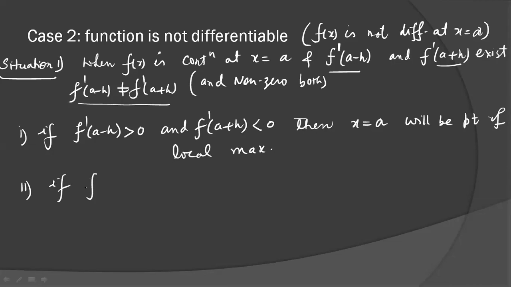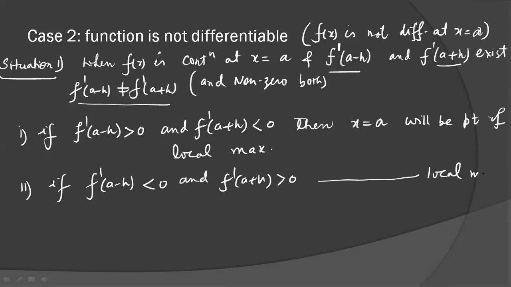Second, if the left hand derivative is negative and the right hand derivative is positive, then x equal to a is a point of local minimum. It means if both have opposite nature, then this situation can be handled. When both are not equal and non-zero and have opposite signs, we can check the point.